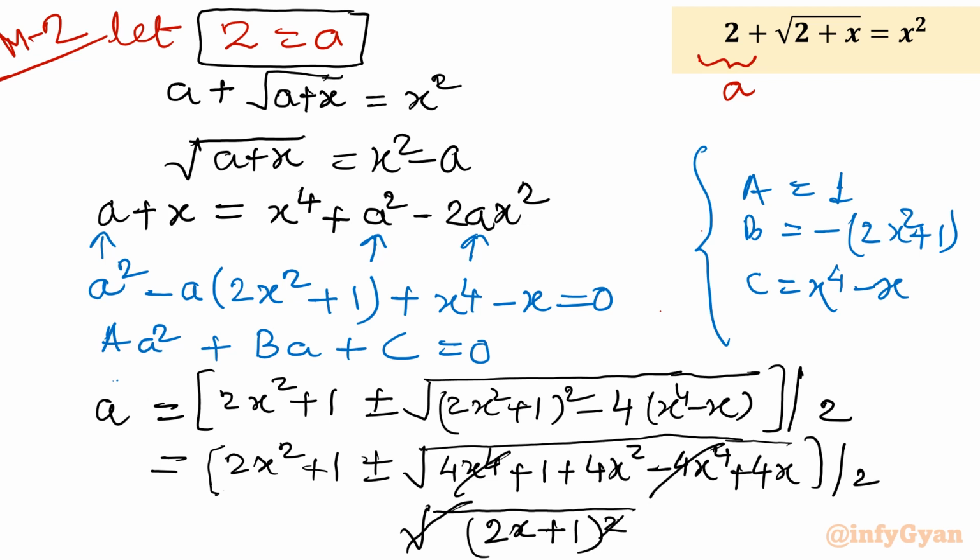What is left? 2x square plus 1 plus minus 2x plus 1 divided by 2. Let me write here: a is equal to 2x square plus 1 plus minus 2x plus 1 divided by 2.